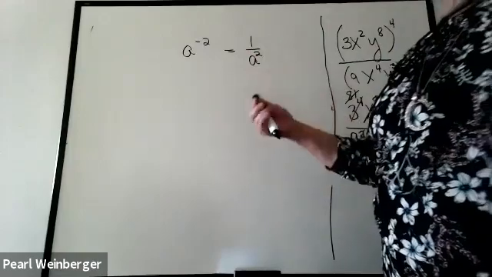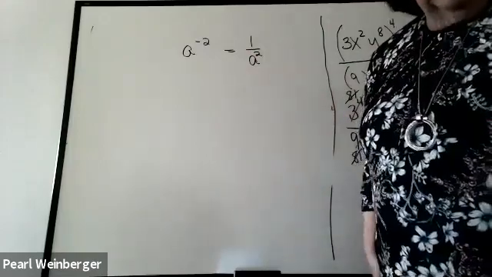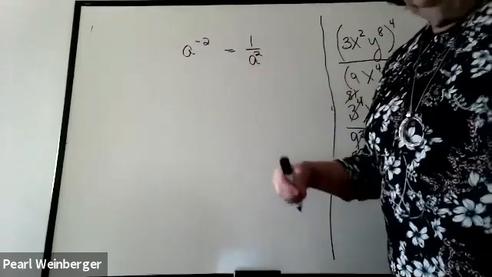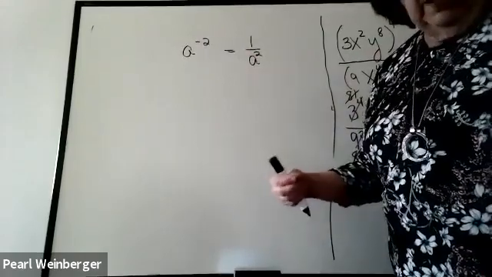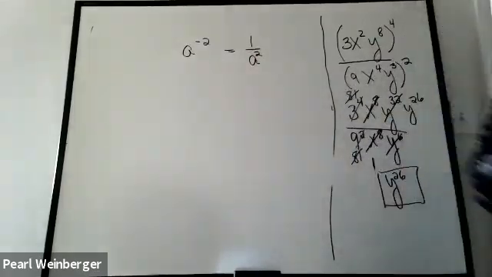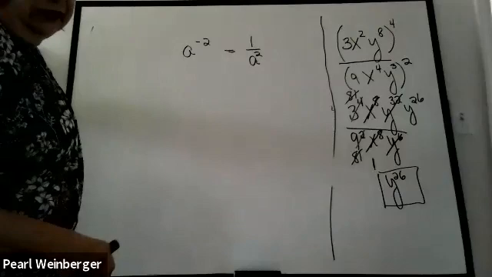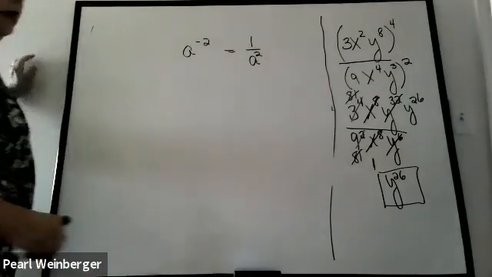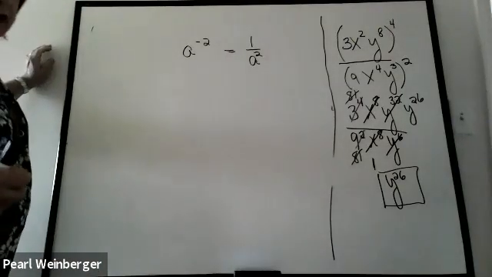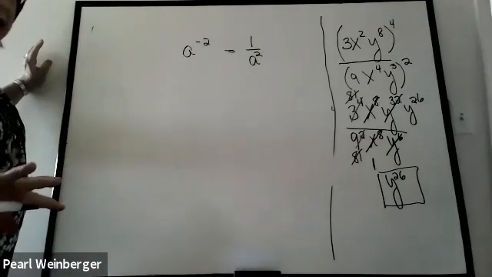Now, that being the case, how do we deal with negative exponents? Usually when we have a negative exponent, we'd like to simplify my answer so that in the end, I'll only have positive exponents. I'm going to show you a long way that I don't want you to write down.